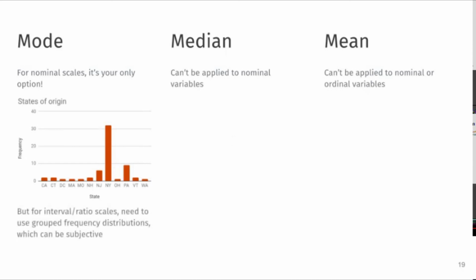Now, I mentioned that the mode can indeed be applied to any measurement scale, but for interval or ratio scales, you need to use grouped frequency distributions in order to find a modal interval. But as we've seen, although there are rules of thumb for defining the width of the class interval that you use to construct these grouped frequency distributions, they are just rules of thumb, and they are, to some degree, subjective. And usually they also depend on the kind of data you have.